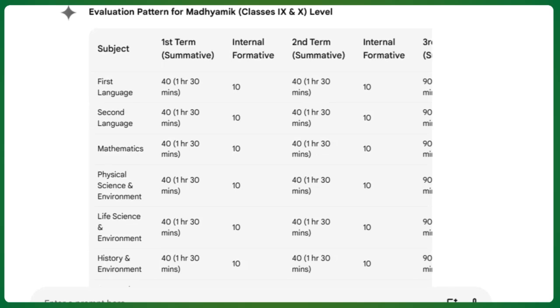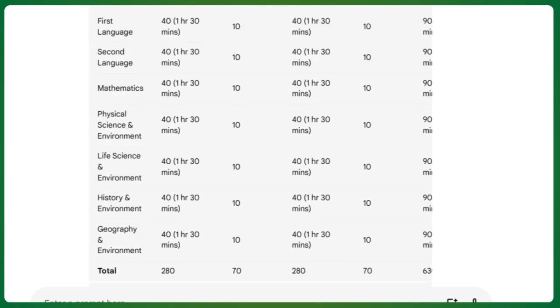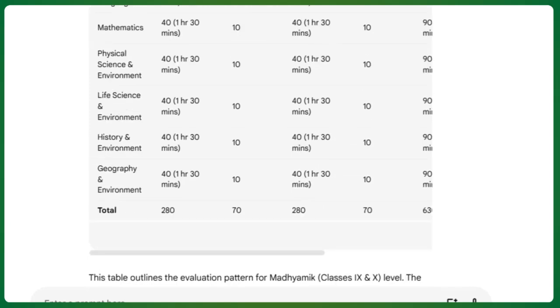Now the evaluation pattern for Madhyamik classes 9 and 10. The subjects are these, total 7 subjects: first language, second language, mathematics, physical education, life science, history and geography. So total 7.